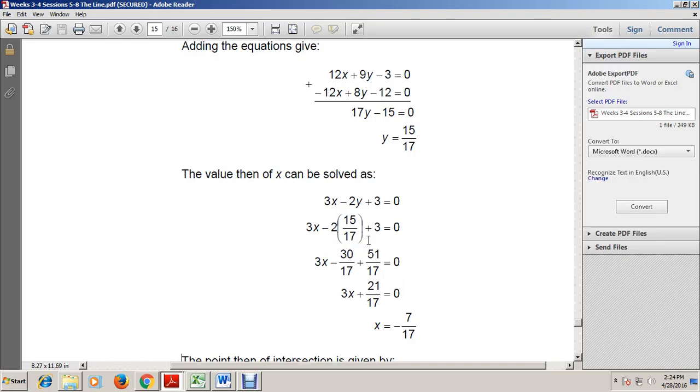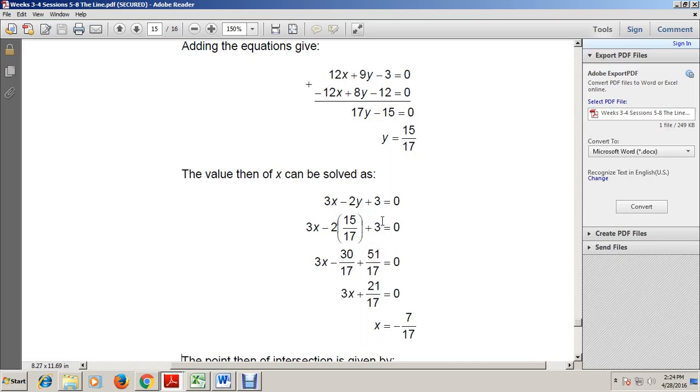Adding them together means that we're going to have 17 as the common denominator. So the common denominator is 17. 17 divided by 17 is 1. 1 times 30 gives us 30. Plus 17 as the common denominator divided by 1 is 17, times 3 gives us 51.